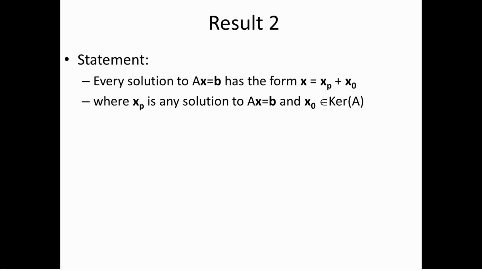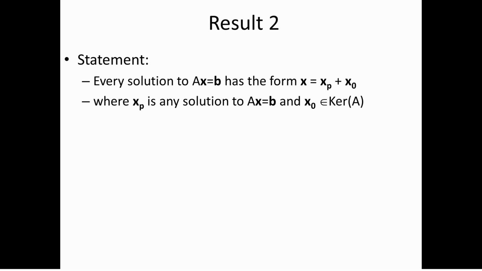Okay, so for result 2, what we want to show is that every solution to AX equal to B can be written in the following form. It can be written as any solution to the system, which I'm going to call XP for the particular solution, and another vector which is in the kernel of A. Notice this looks a great deal like how we write the solution to a non-homogeneous linear ordinary differential equation.